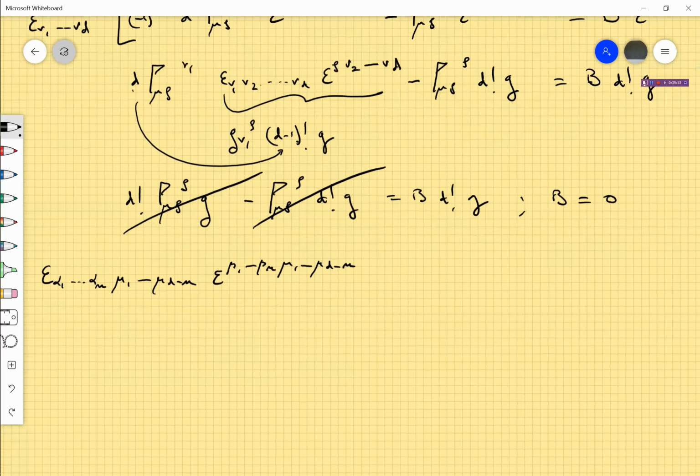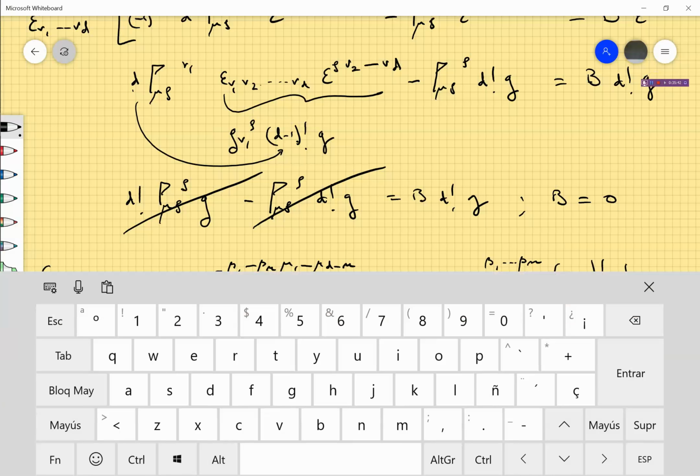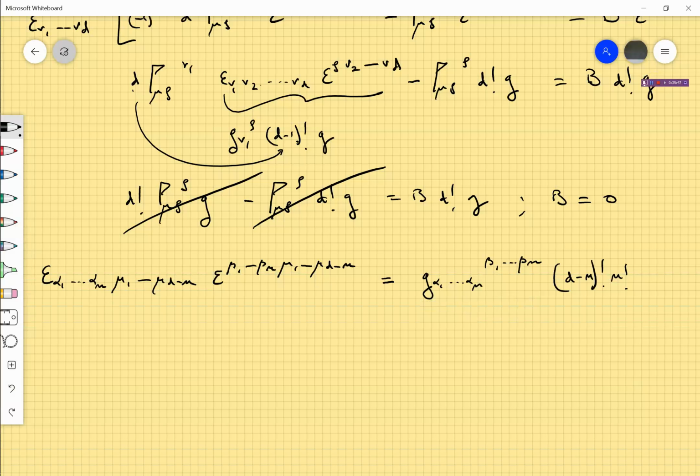Okay, the result of this general contraction is this object that I am going to define now. Then there is a factor of d minus n factorial, as you can expect. There is also a factor of n factorial, which is related to the definition of this object. And there is a factor of g. So this would be the general result.